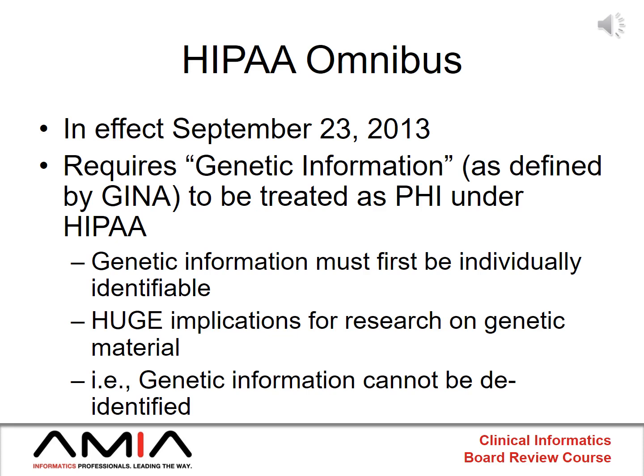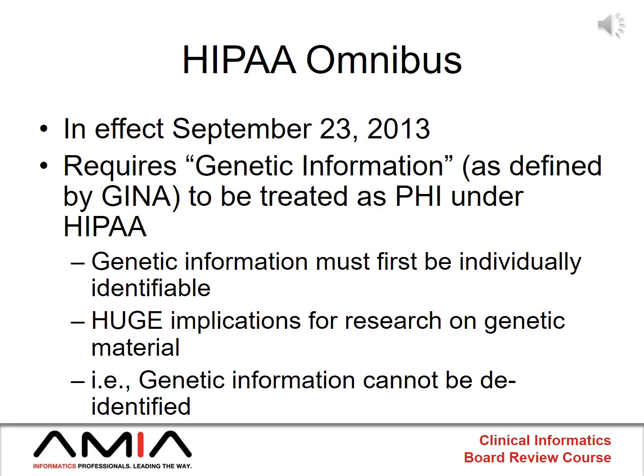Now, there is a significant gray area in classifying genetic information as protected health information because there are lots of genetic variants which are shared across multiple individuals such that identifying such a variant could not possibly help you identify a single individual.